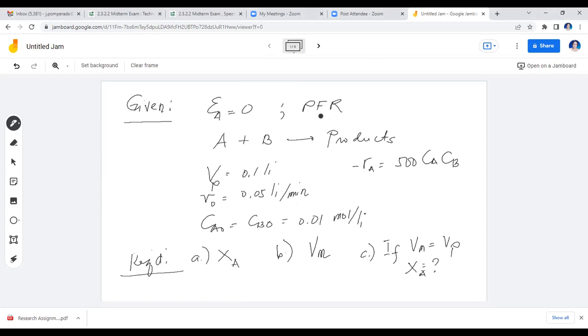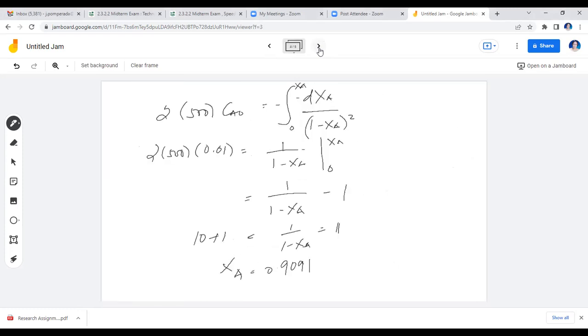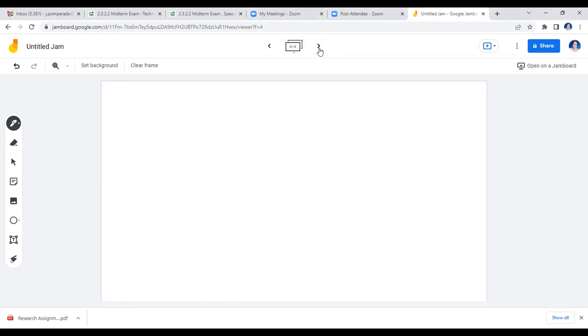Now, using the same degree of conversion for the PFR, determine the volume of the mixed flow reactor. Okay? So if you need to determine the volume of the mixed flow reactor for letter B, you'll have to use a different performance equation. This time, you don't need the integral anymore. And you will have your 500 CA squared. Now, the same tau.